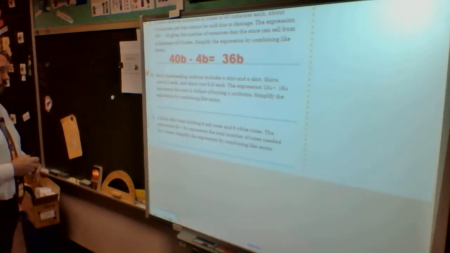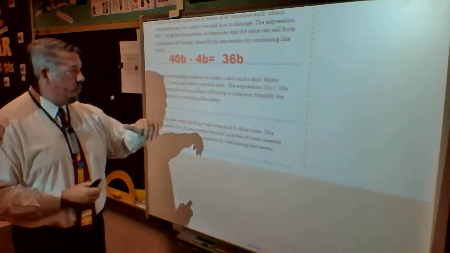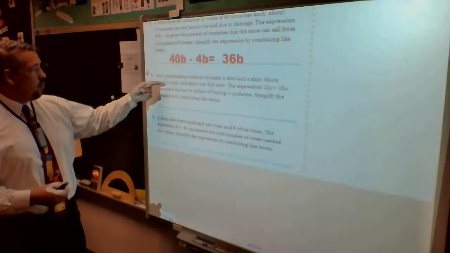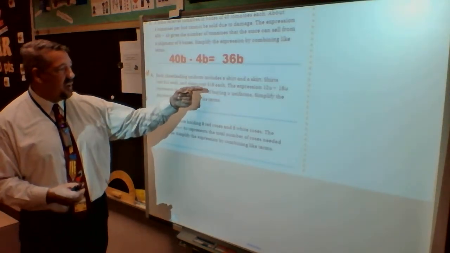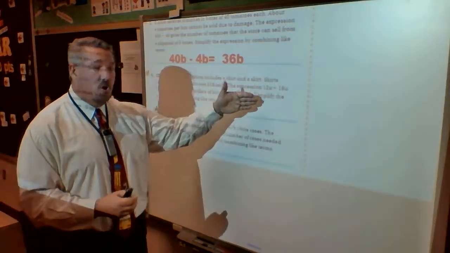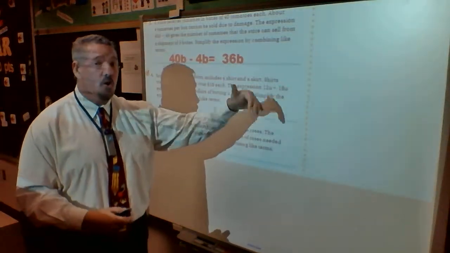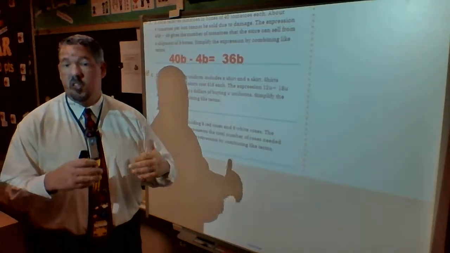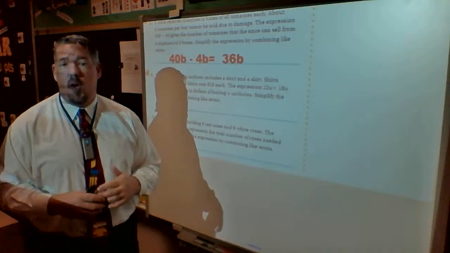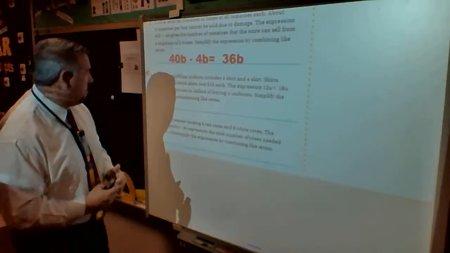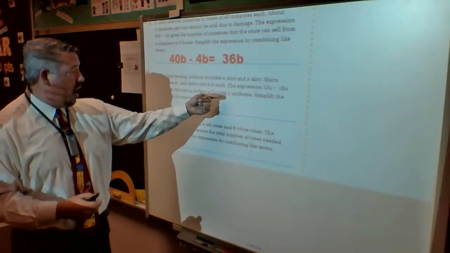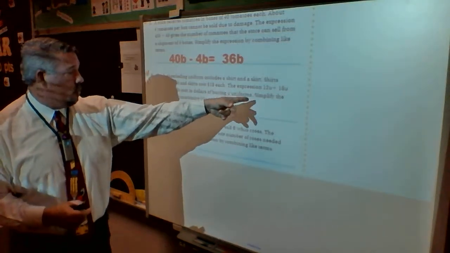Each cheerleading uniform includes a shirt and a skirt. Shirts cost $12 each, and skirts cost $18 each. The expression 12u plus 18u, where u is just a unit. If I have to order for the entire cheerleading squad, I need to know how many units of shirts and skirts I need. It represents the cost in dollars of buying u uniforms.